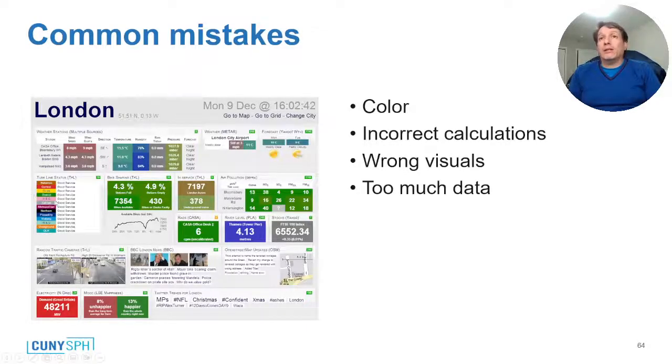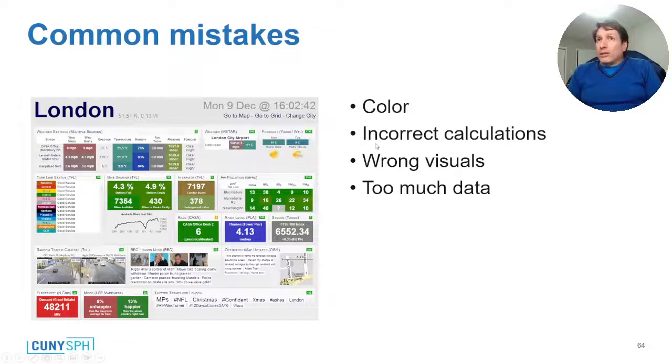But maybe it is better to have the map, and the map to show an overlying layer showing the status. I don't know. But be careful with color, because color conveys meaning, and use that to your advantage, not to make things more complicated.